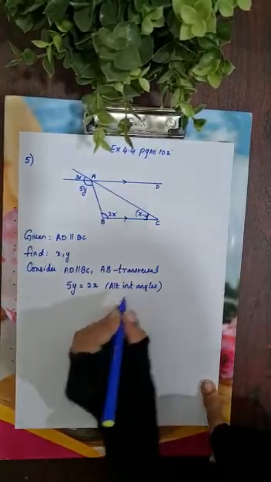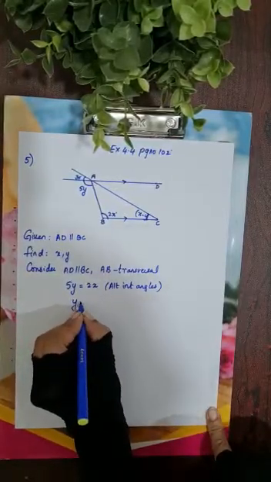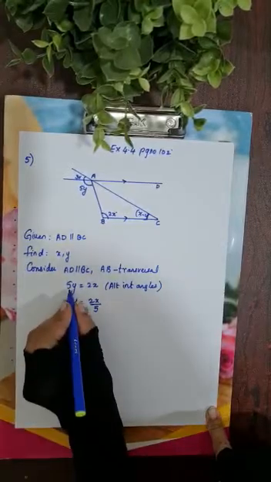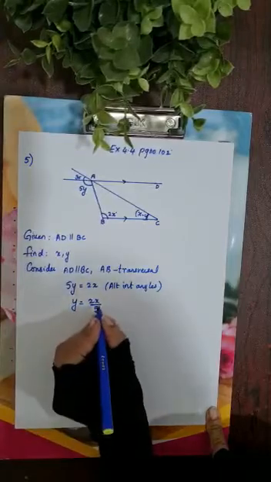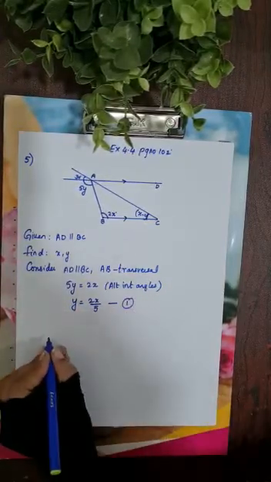We can say that alternate interior angles are equal. So y will be equal to 2x by 5. Yes, children, if 5y is equal to 2x, sending 5 to the other side, we have y is equal to 2x by 5. Name it as equation 1.